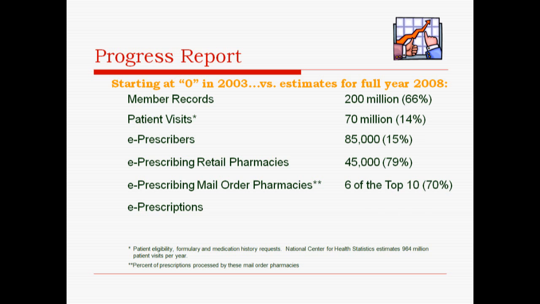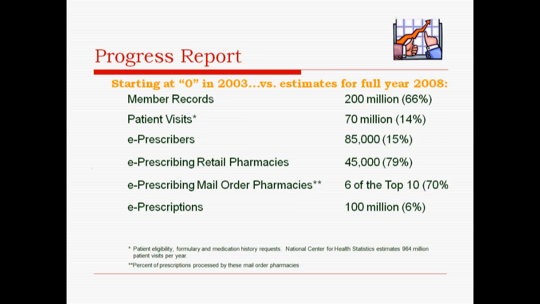So here is like member records almost 66%, right? Patient visit 14%, electronic prescriber 15%, electronic prescriber retail pharmacies 79%, electronic prescribing mail order pharmacies 70%, 6 of the top 10. Electronic prescriptions 100 million, that is 6%.